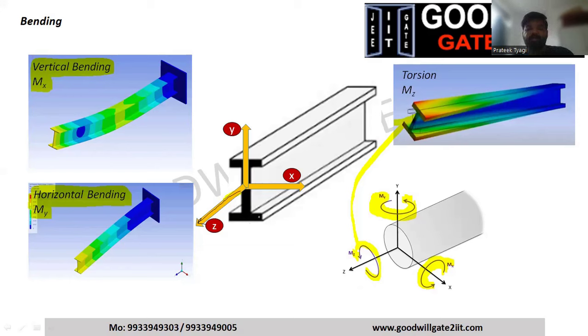All right. Now, another thing I want you people to understand is, because your cross section is in the XY plane, I'll repeat this again, because my cross section is in the XY plane, I have a moment which is rolling about the x-axis, so Mx.